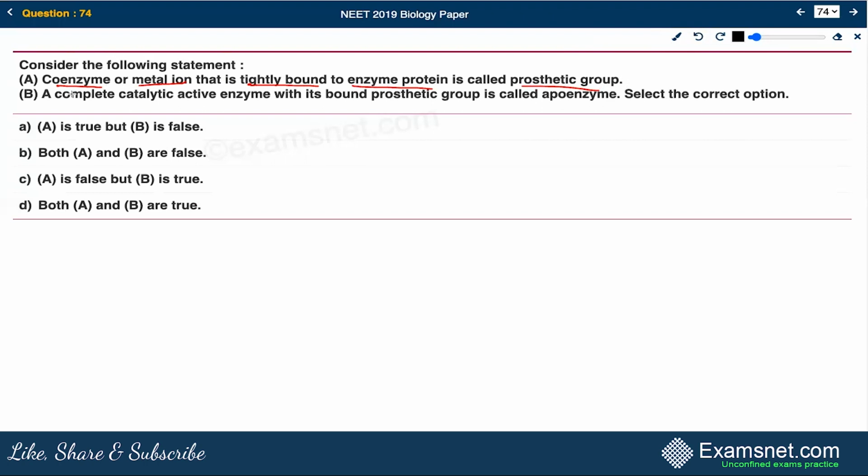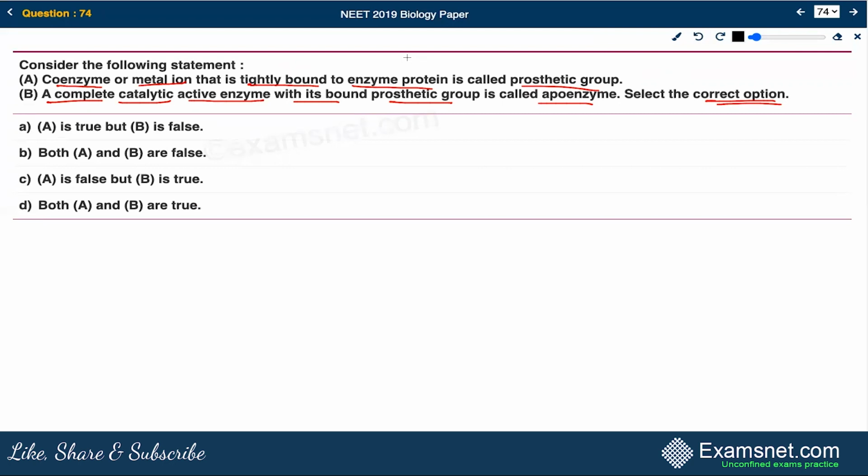And the second statement says that a complete catalytically active enzyme with its bound prosthetic group is called an apoenzyme. So you have to select the correct option, whether both statements are true, both are false, or one statement is true and one is false.